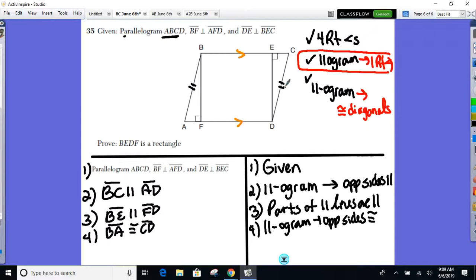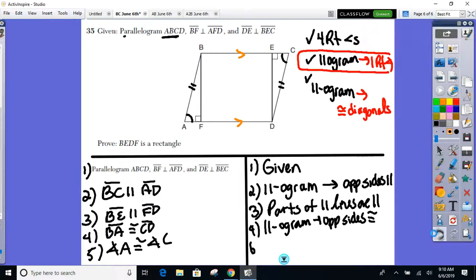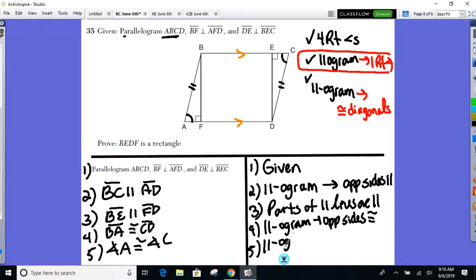Anybody want to get more angles or more sides here? What do we got, Katie? Good, nice job. Angle A and angle C. And that's the property that says, yep, parallelogram implies opposite angles congruent.